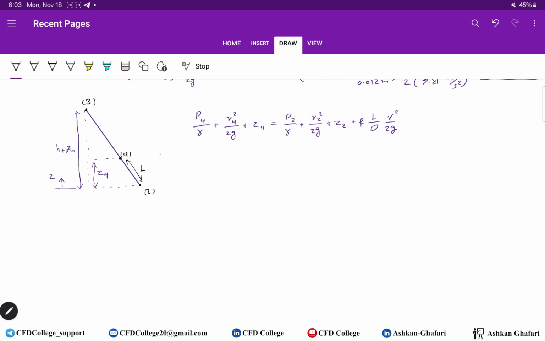So what do we know? We know that P2 is atmospheric. Here, as I mentioned, since there is no cavitation, we are not having vapor pressure for point 4 and point 2, so we can use gauge pressure. So P2 equals 0.